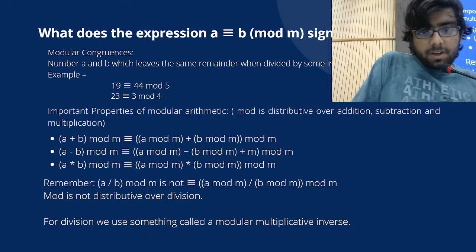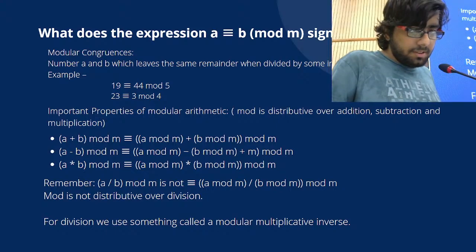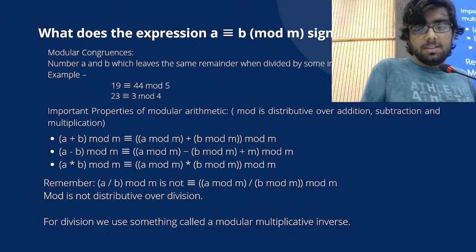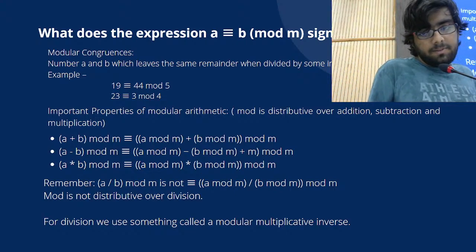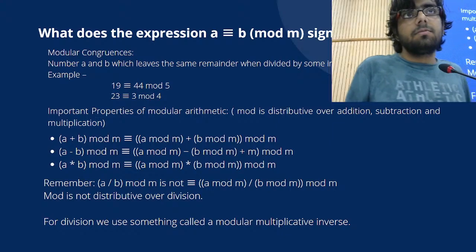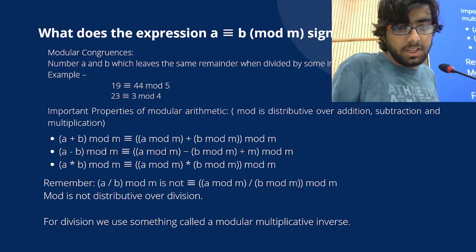So there are some properties of modular arithmetic. A plus B mod m, we can simply do A mod m plus B mod m, whole mod m. And in case of A minus B, we just have to take care we don't go negative, and so that's why there is a plus m in between.